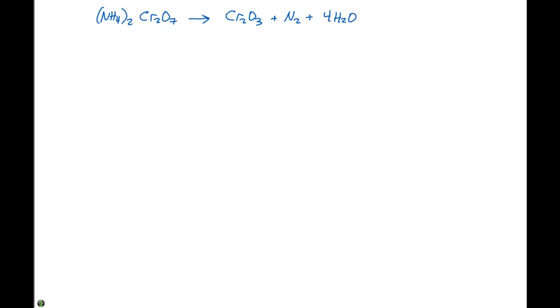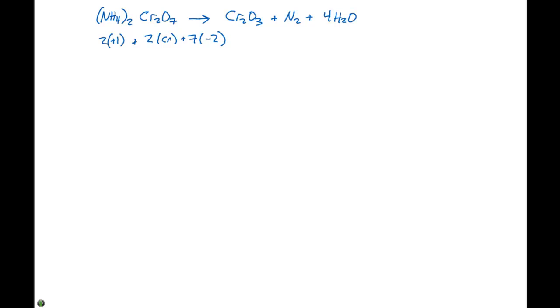So if we look at this particular complex, NH4 has a charge of +1, so that's going to be its oxidation state. There are 2 of them, so we multiply that by 2. Then we have 2 chromiums, and we also have 7 oxygens, which have an oxidation state of -2.